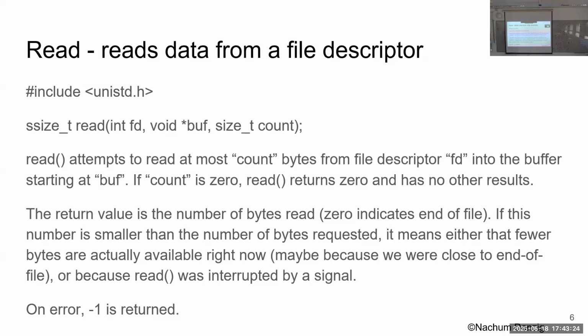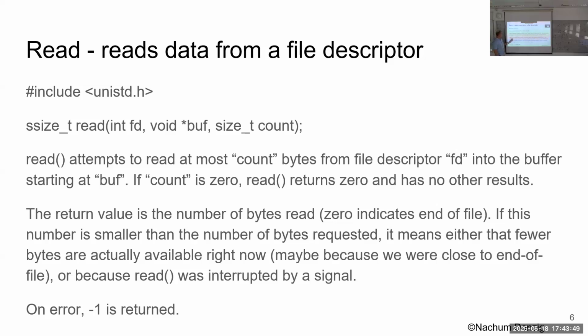If it returns 100, you're not sure that you got to the end of the file. There could be exactly 100, in which case the next read will return 0, and you'll know that you reached the end. But it could also return 100, and the next read will also be 100, until eventually it reads, let's say, 50, and then you know you've reached the end of the file.